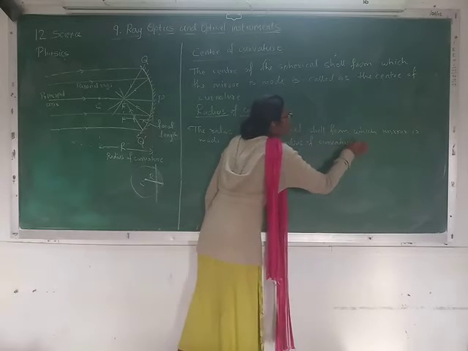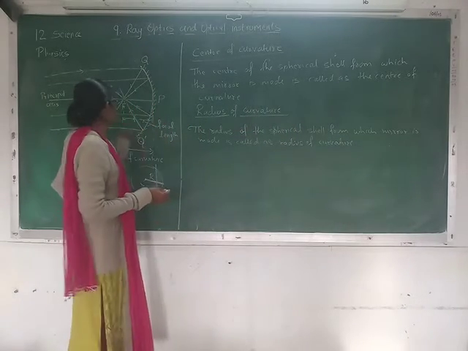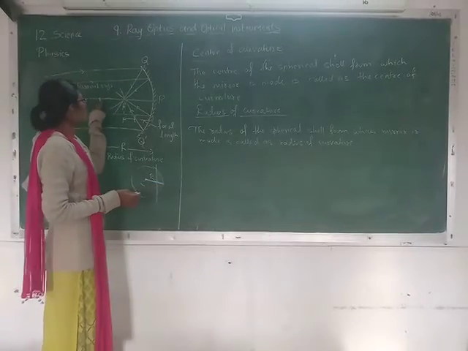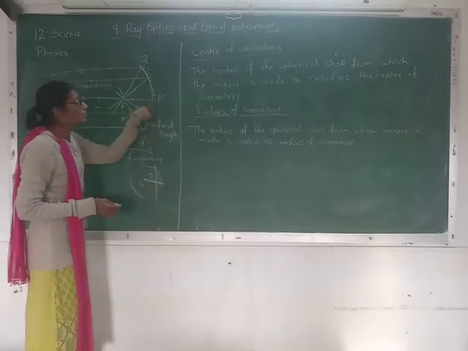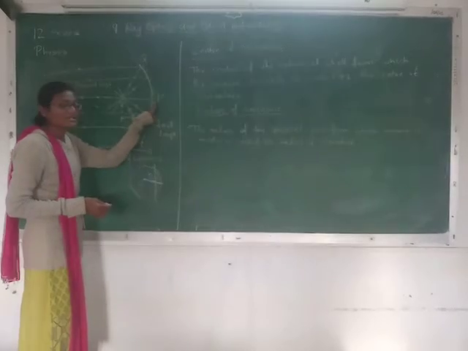Or another thing you can write here: it is the distance from the center of curvature to the pole, that is called the radius of curvature.